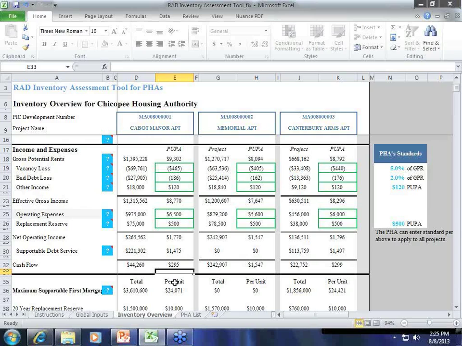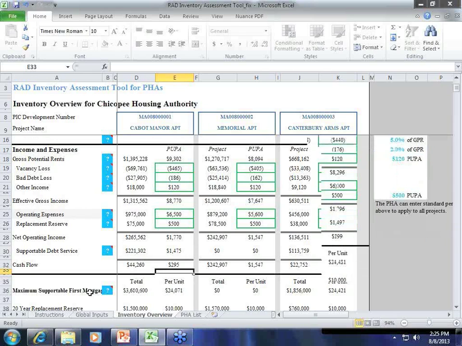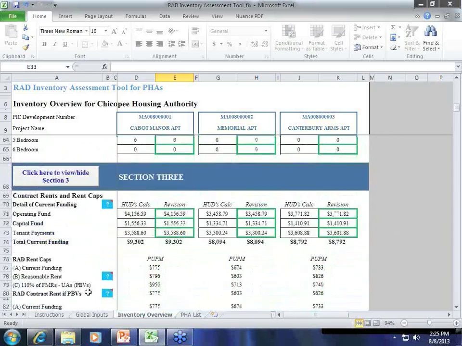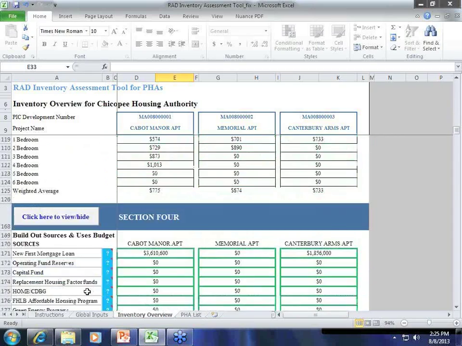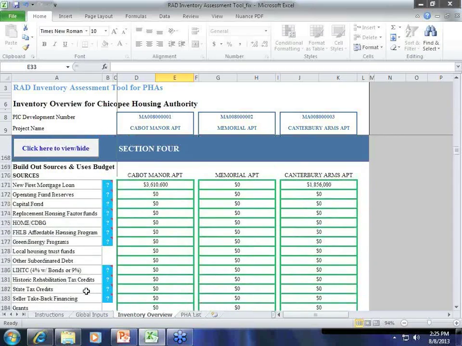So what we're going to do when you come to a situation where you can't finance enough with just debt, which is the case of Cabot Manor, to cover what your actual rehab needs are, is drop down closer to the bottom of the tool spreadsheet to the sources and uses section.